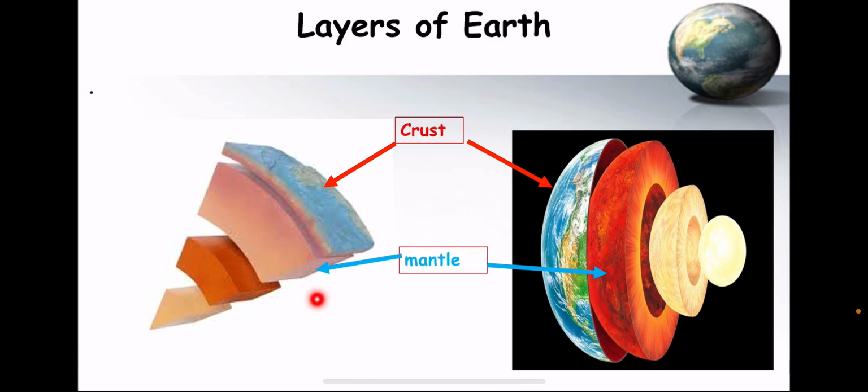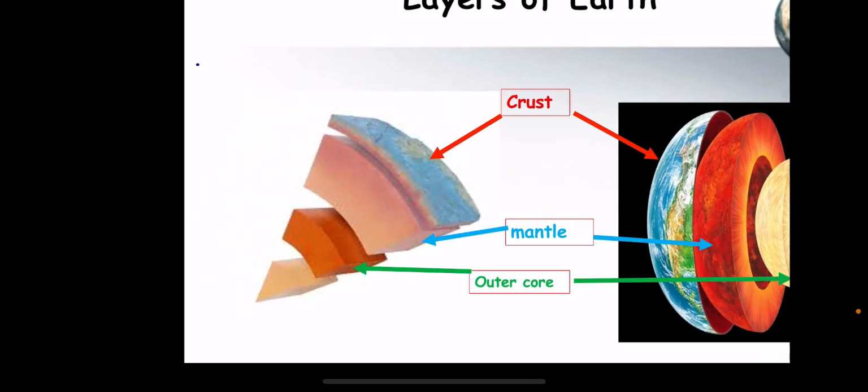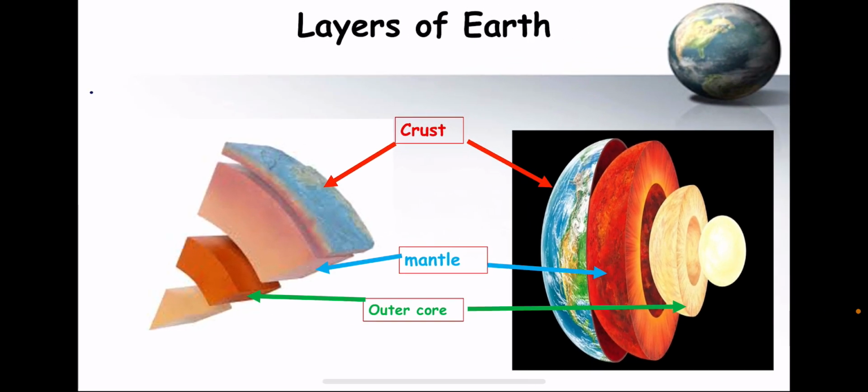And now you can see this one and this one. This is the outer core. Now you can see this one in the pie shape, and this one is the whole ball like a sun. It is the inner core.